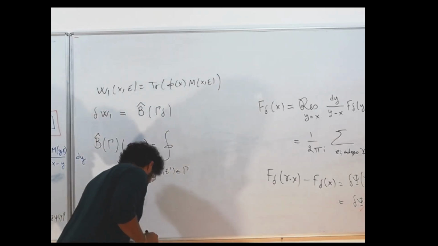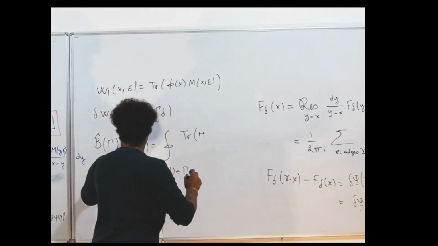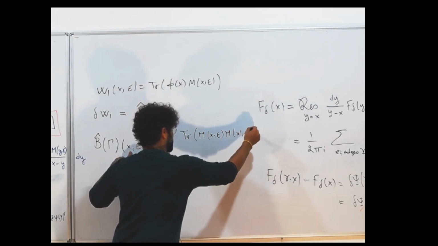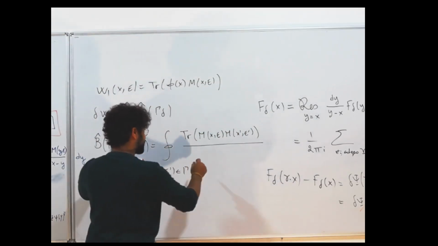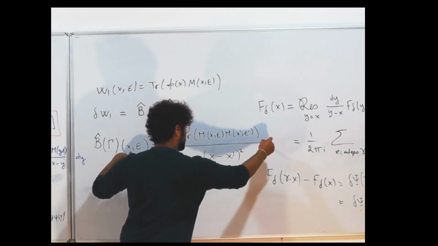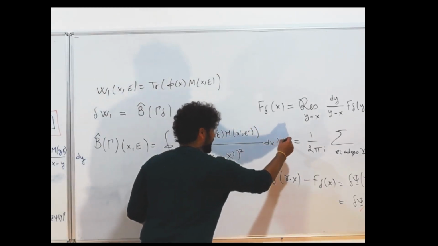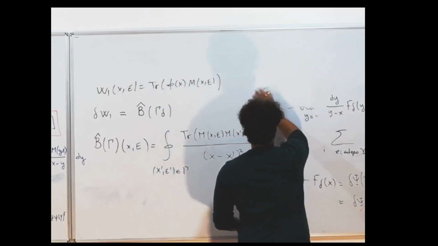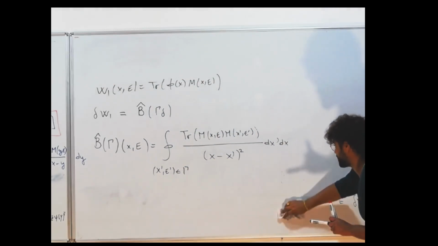Okay, and now you have the trace of m x comma e m x prime comma e prime divided by x minus x prime squared times dx prime times dx. Okay, but that's not it. There's a second term.